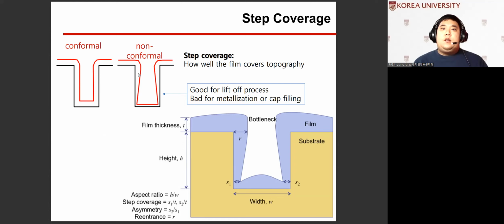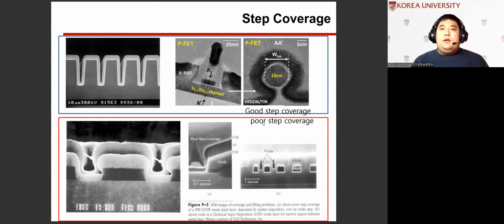However, if we are supposed to close the hole, such as the dielectric coverage, we can use this non-conformal coverage. This is one example why we need the poor step coverage intentionally.